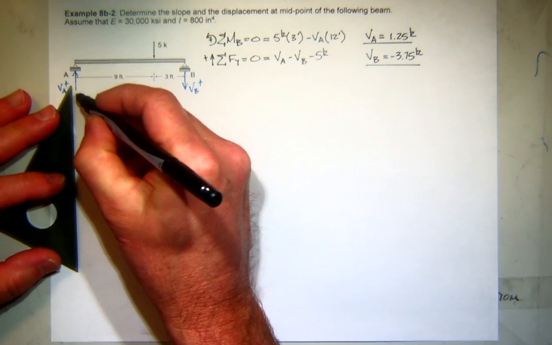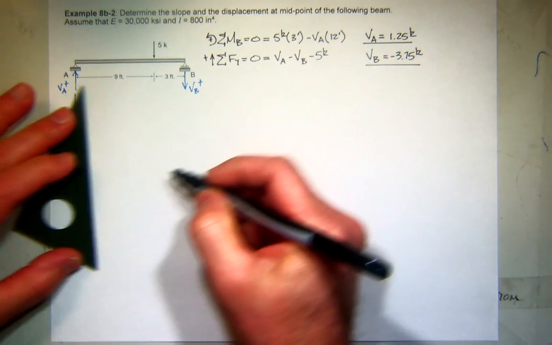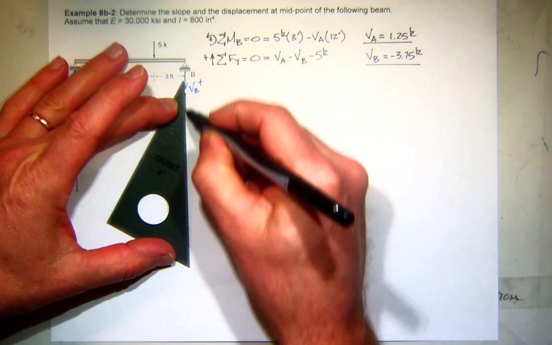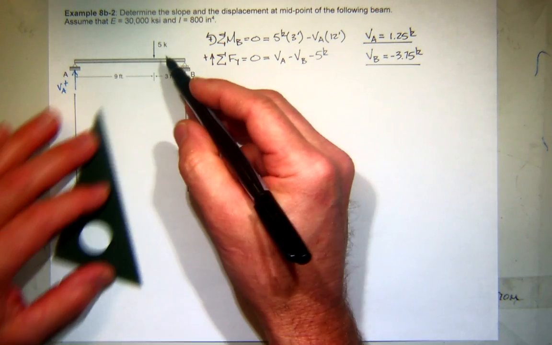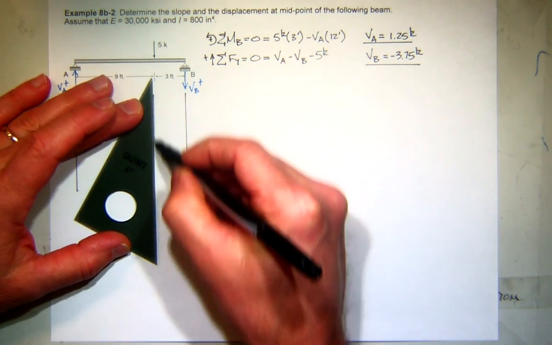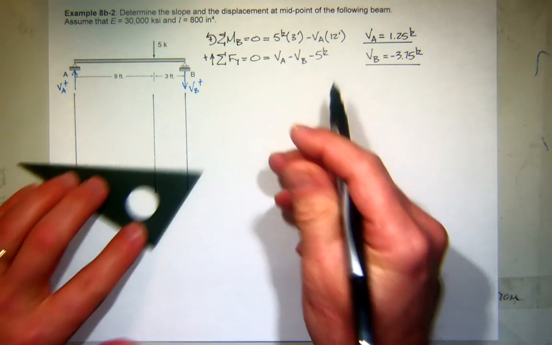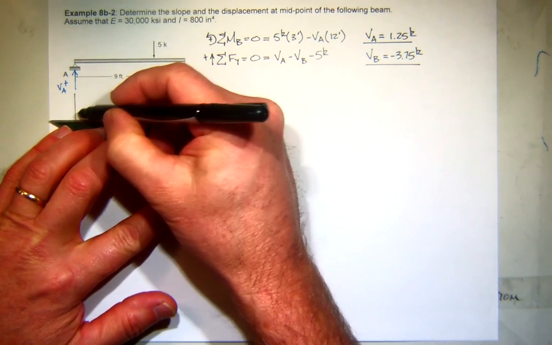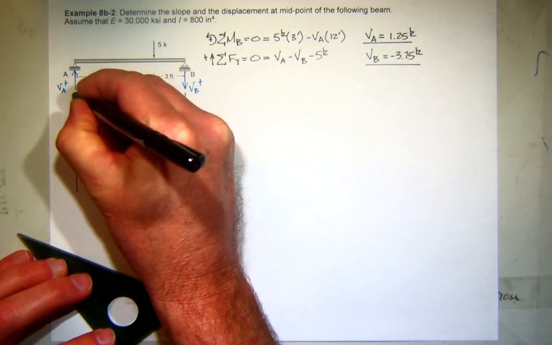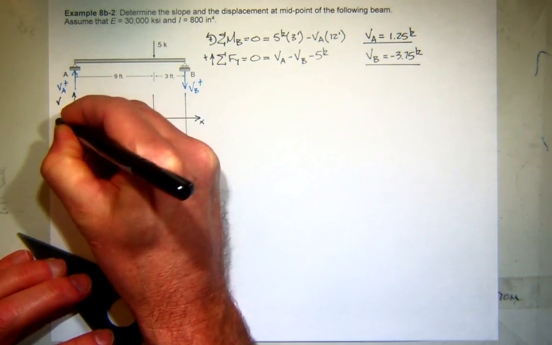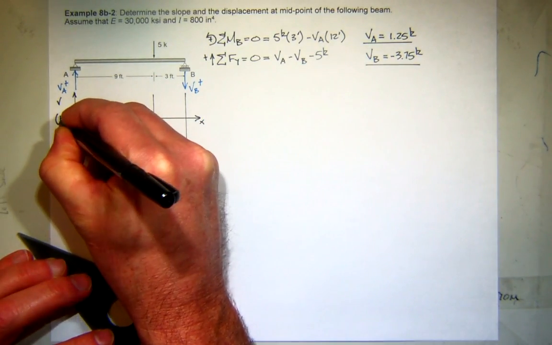So I'll come over here and make a little template with the edges of my beam. And we know something's going to happen here at this 5 kip load, so I'll include that also. So we'll start with the construction of the shear diagram. Now I won't go into all the detail like we did in the past.